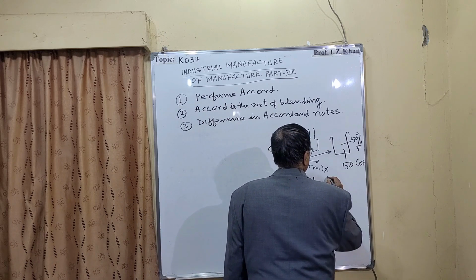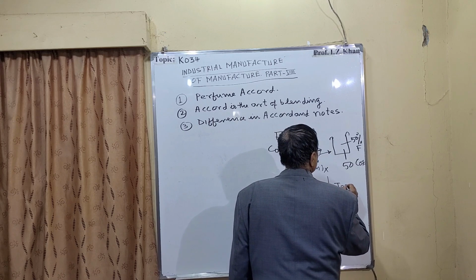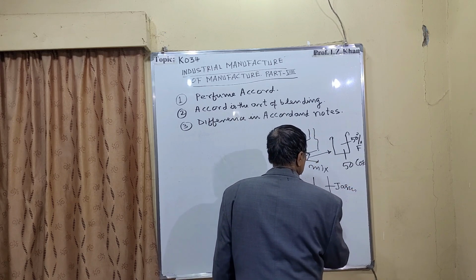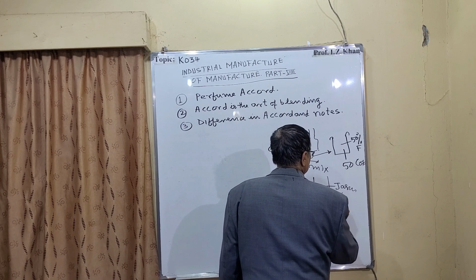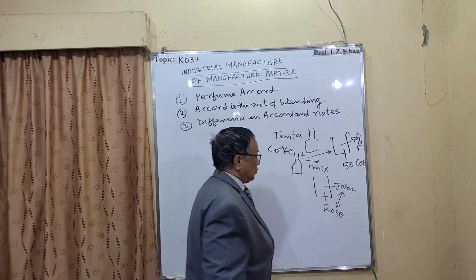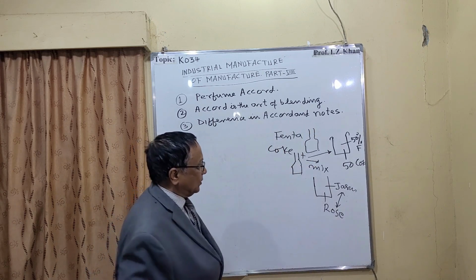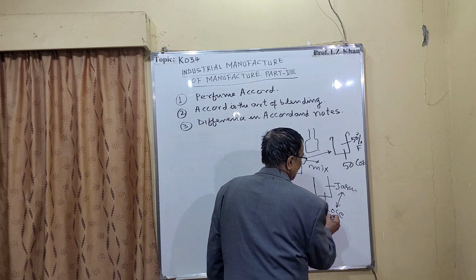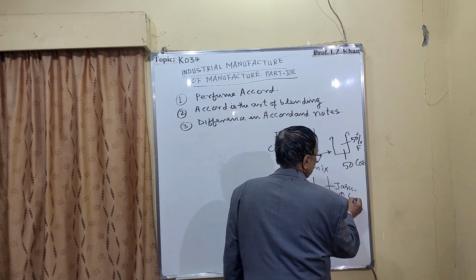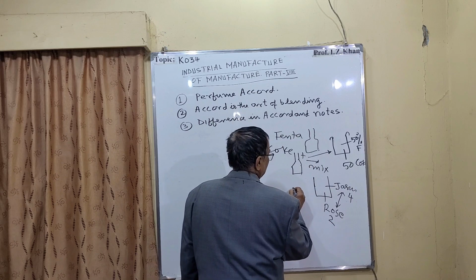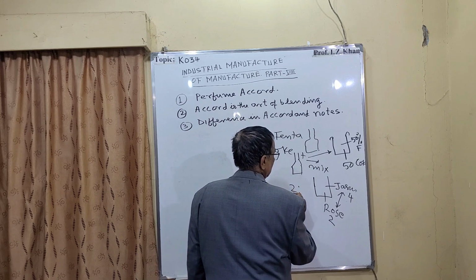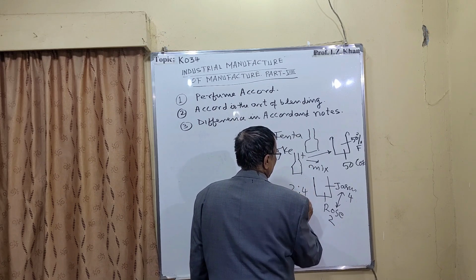In the same way, suppose in a beaker you are putting jasmine and rose, where rose is 2 parts and jasmine is 4 parts, 2:4 or 1:2.